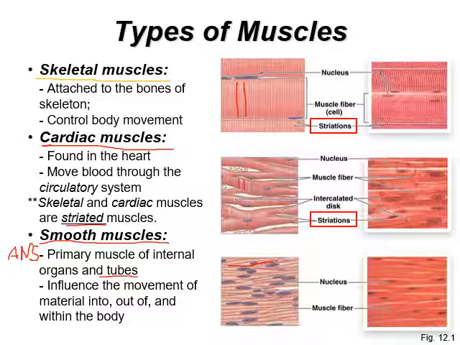Some differences between, say, skeletal and cardiac: you will see in the skeletal over here, they are multinucleated. The muscle cells, or what we term muscle fibers, are multinucleated.